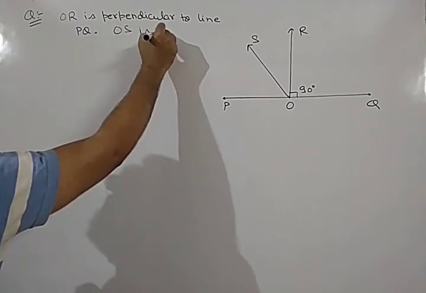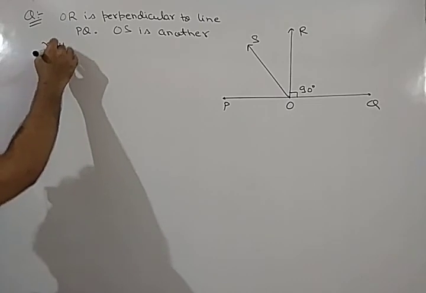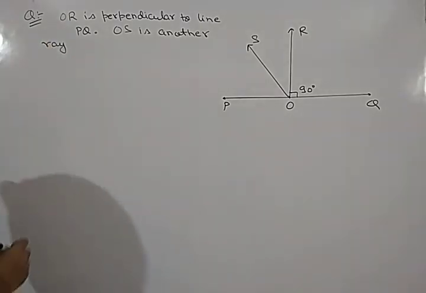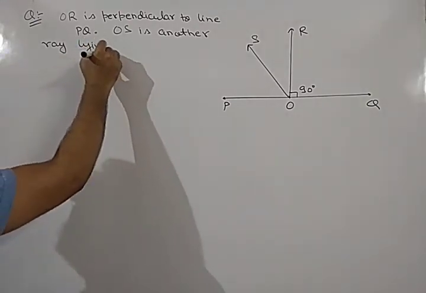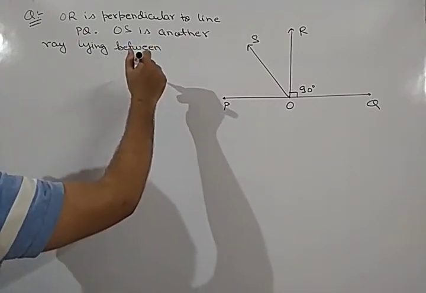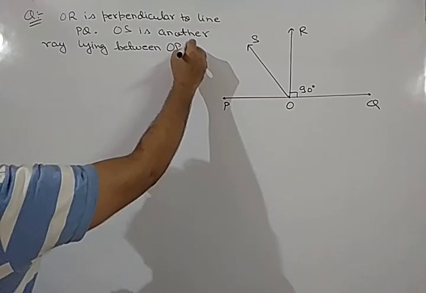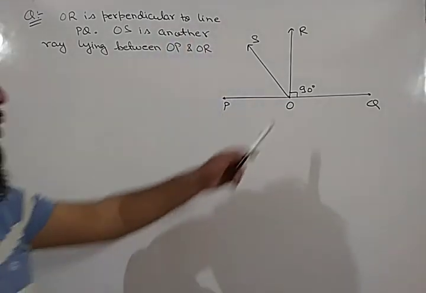OS is another ray lying between OP and OR.